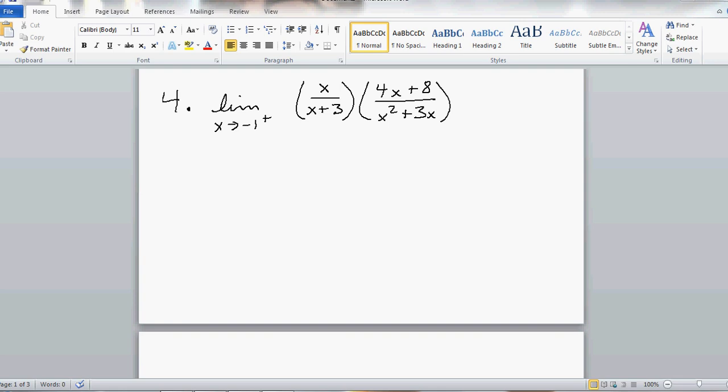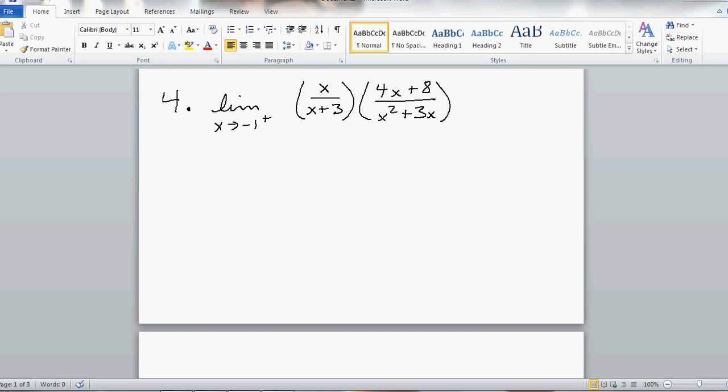Okay, now if we were to plug in -1, could we even do that? This denominator would be okay, and this denominator would be okay. So we can pretty well plug it in, because we look at the limit as x approaches -1 from the right. Well, the limit appears to exist here.